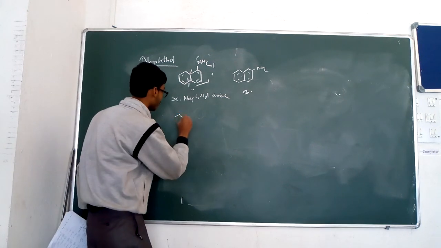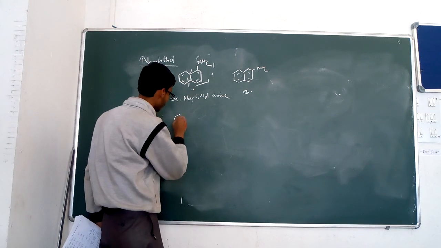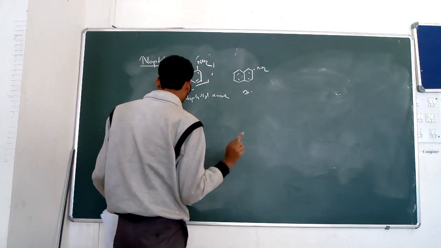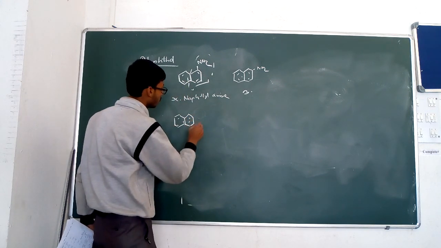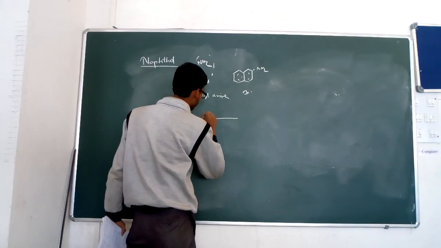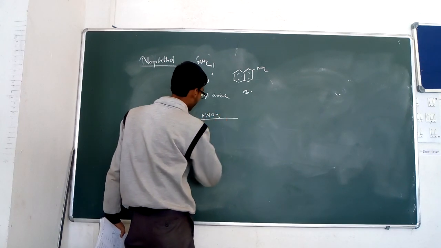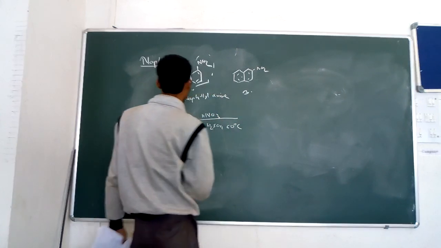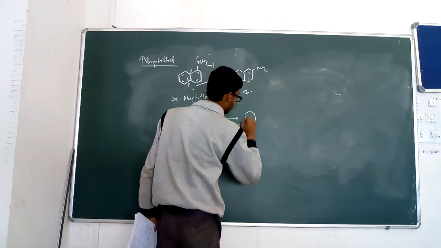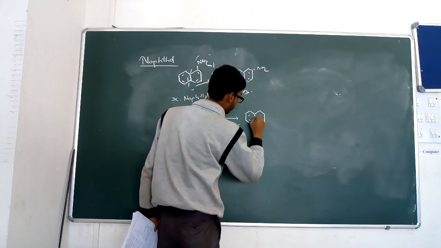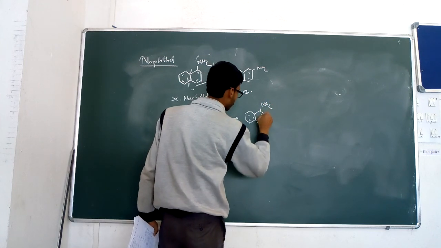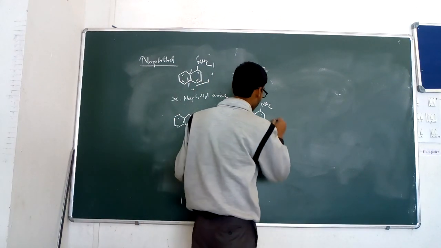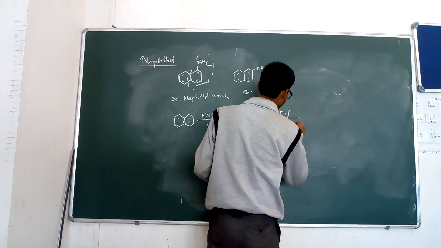You can remember that we already studied that when naphthalene reacts with nitric acid in a nitration process, it forms 1-nitronaphthalene, and it is further reduced with iron and HCl.